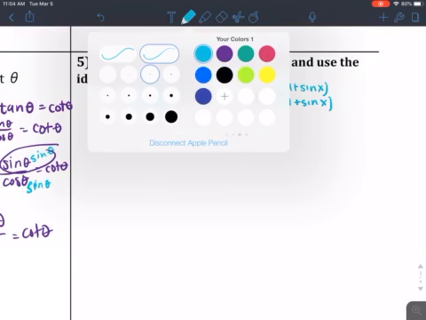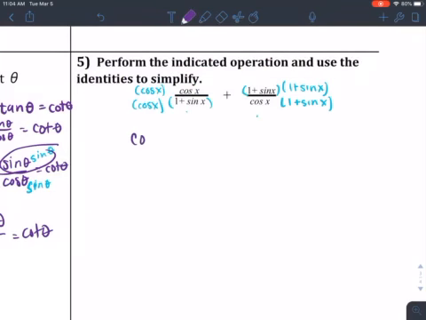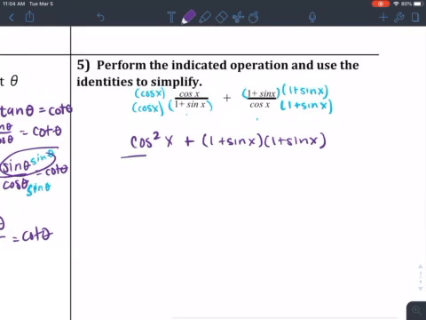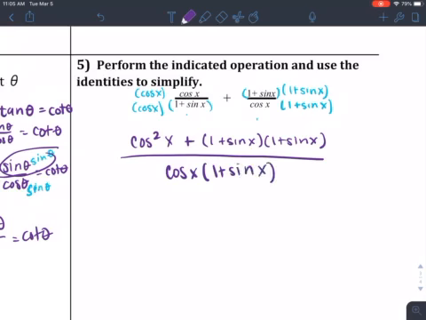Okay, so we get cosine squared x plus 1 plus sine x times 1 plus sine x. I know that's squared, but I kind of want to multiply that out. And this is all over cosine x times 1 plus sine x. Can I cancel these?